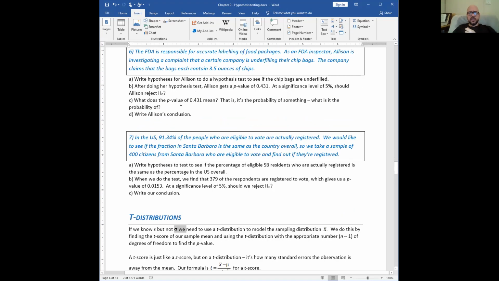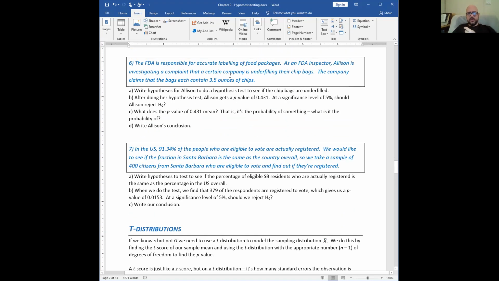So for instance, this one here about the FDA being responsible for accurate labeling of food packages, et cetera. At no point did we say Allison knows that the actual population standard deviation of filled chip bags of this size is 0.2 ounces.